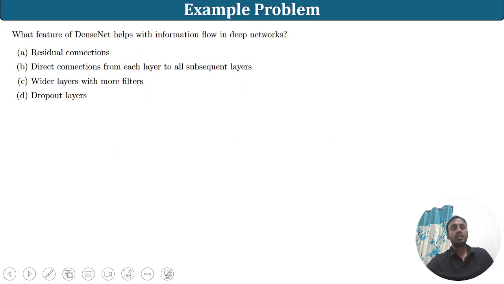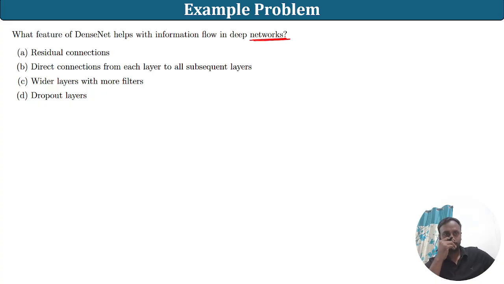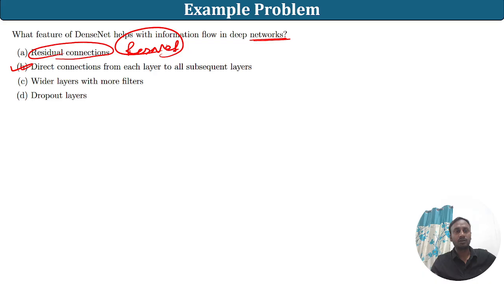What feature of DenseNet helps with the information flow in a deep network? The direct connections from each layer to all subsequent layers. Residual is not DenseNet, that's ResNet. Wider layers with more filters, we're not playing with that. Dropout, we're not playing with that.